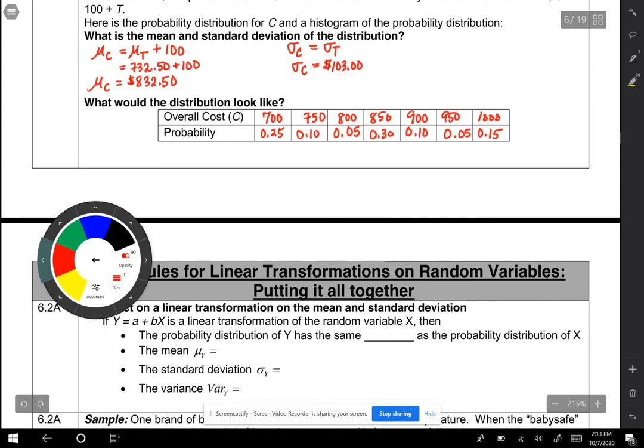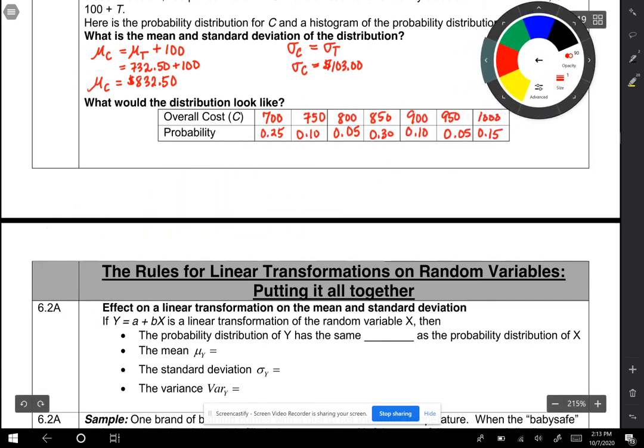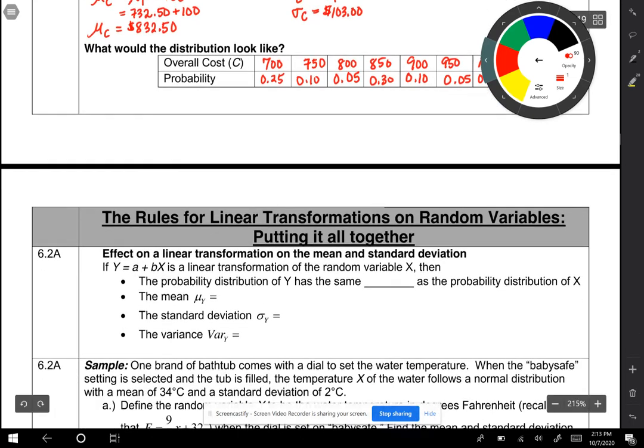All right, now putting all of this together, the rules for linear transformations on random variables.